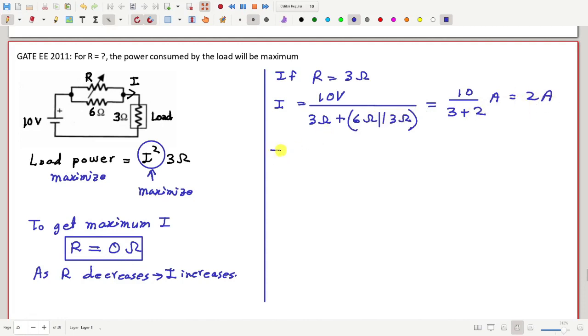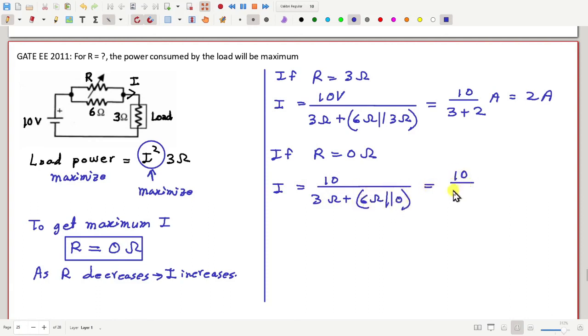Now if R is equal to 0 ohm, then I will be 10 divided by 3 plus 6 parallel 0. That is 10 by 3 ampere, so this is 3.33. So we are getting more current.